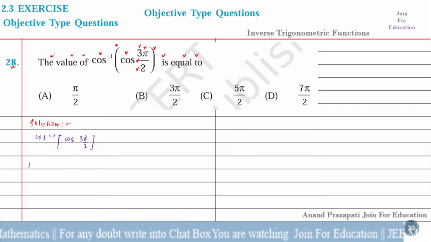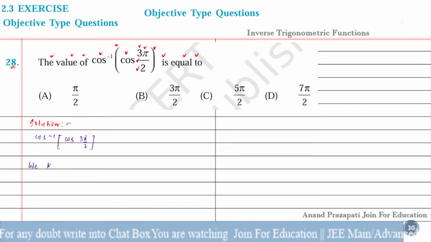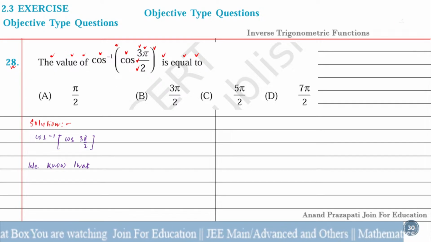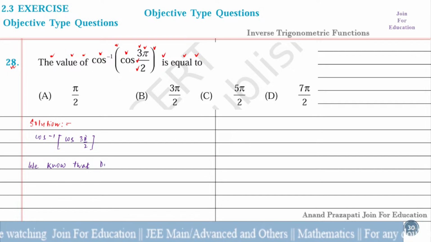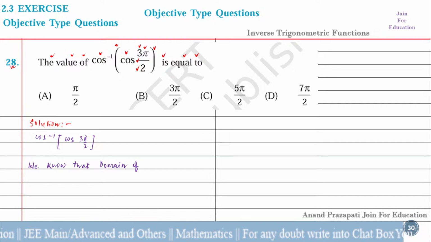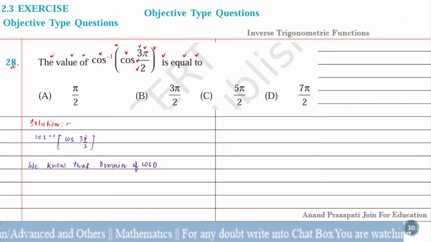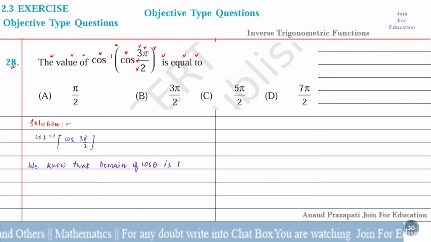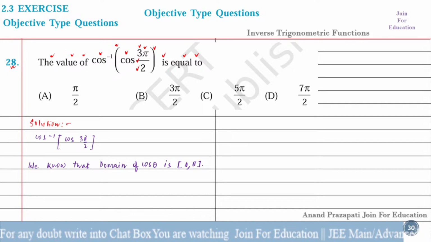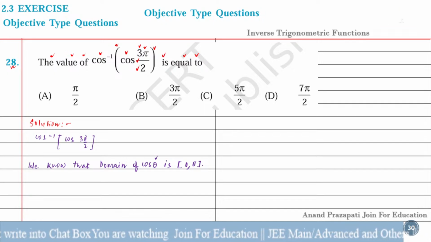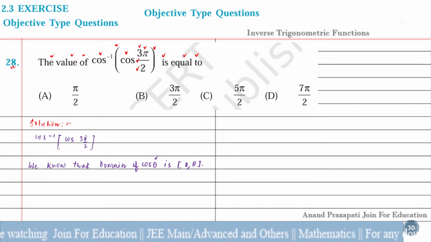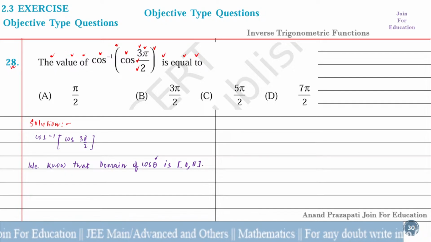So we write down here, we know that domain of cos theta is 0 to pi in the closed interval. It means that theta belongs to 0 to pi or theta greater than or equal to 0 but less than or equal to pi.